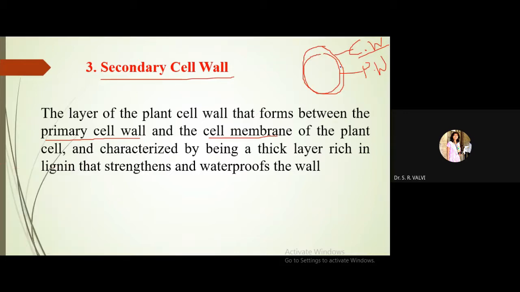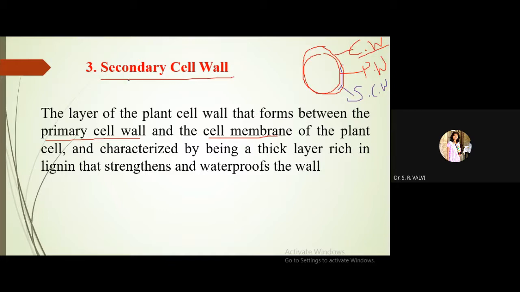In between these you will get the secondary cell wall, right? So obviously, see what our sentence talks about. It is formed between whom? Between this primary cell wall and this cell membrane, also called the plasma membrane, right?